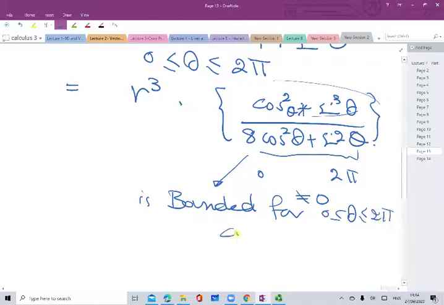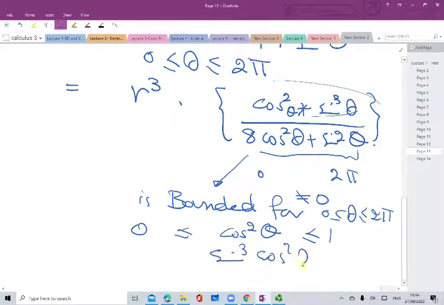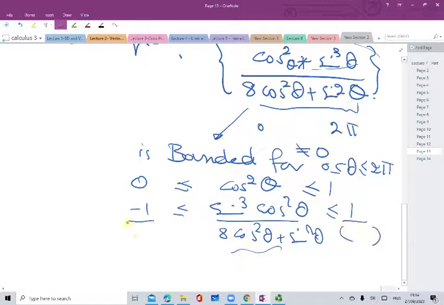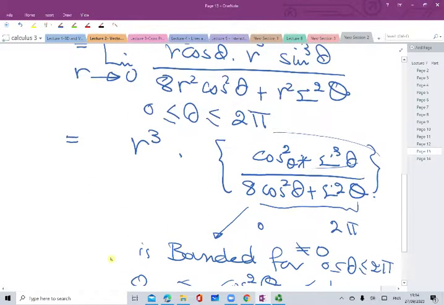If you want to do it specifically, you say cosine squared theta is bounded from 0 to 1, and then sine cubed theta is bounded from -1 to 1, and then dividing by 8 cosine squared theta plus sine squared theta, where this is never equal to 0, it will be bounded by a real number. Then this definitely is bounded from above and bounded from below, so this is a finitely bounded term.